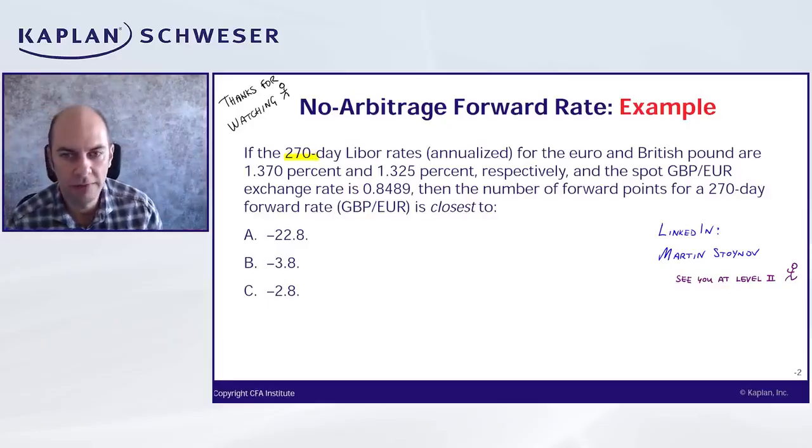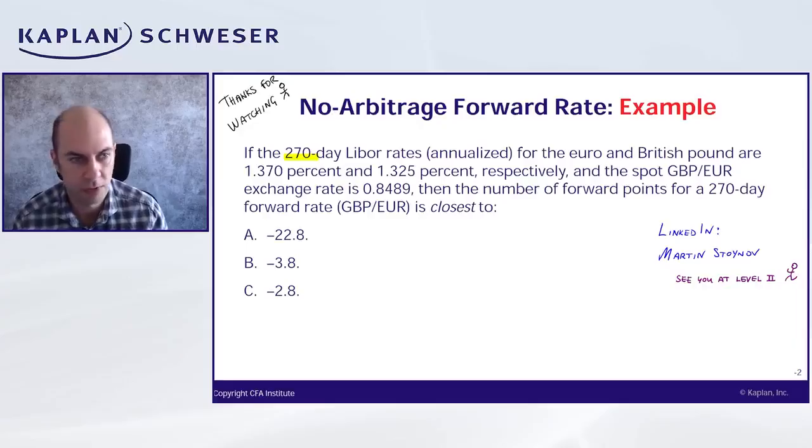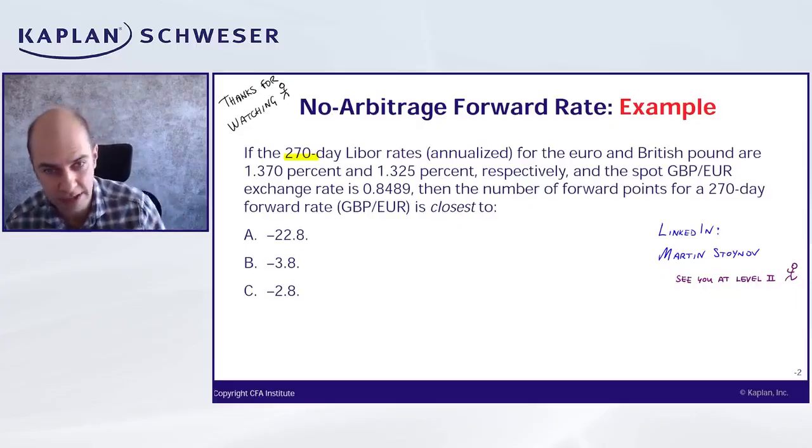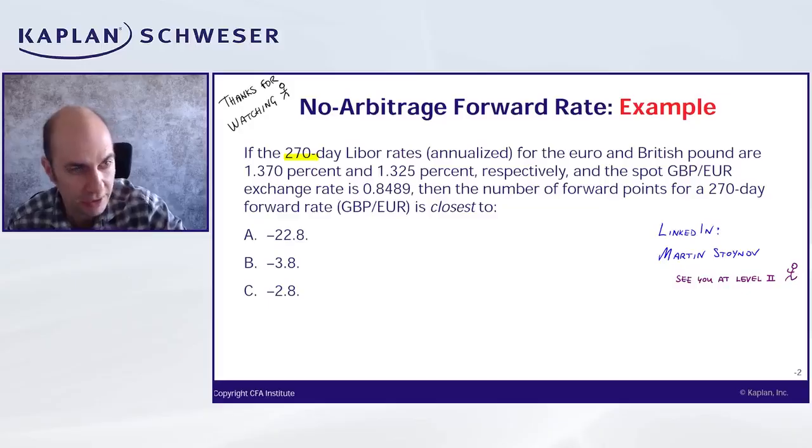Okay, so I've got the 270-day LIBOR for the euro and British pound as 1.37 and 1.325 respectively. Now, whenever I've got this kind of wording, respectively, I become uber careful because I don't want to muddle it up. So the euro rate is this.